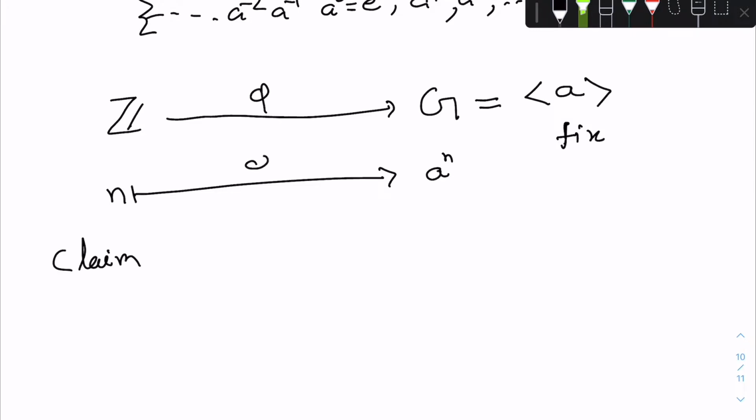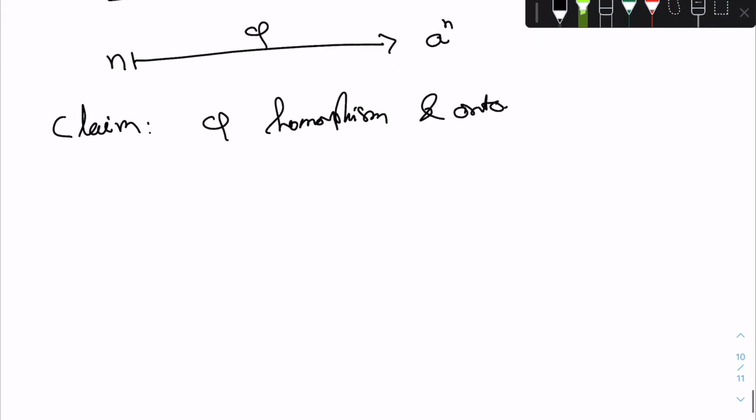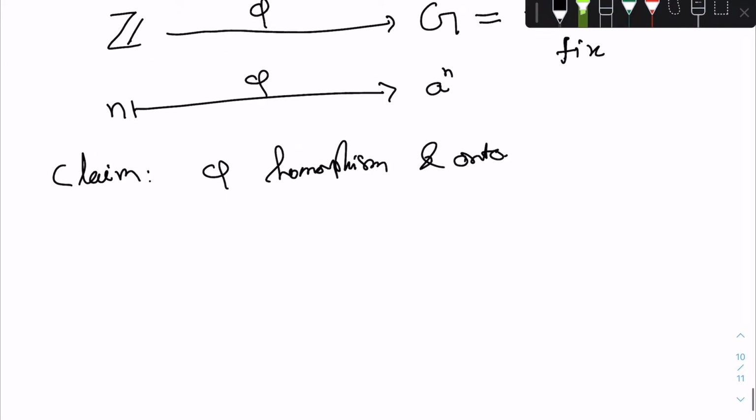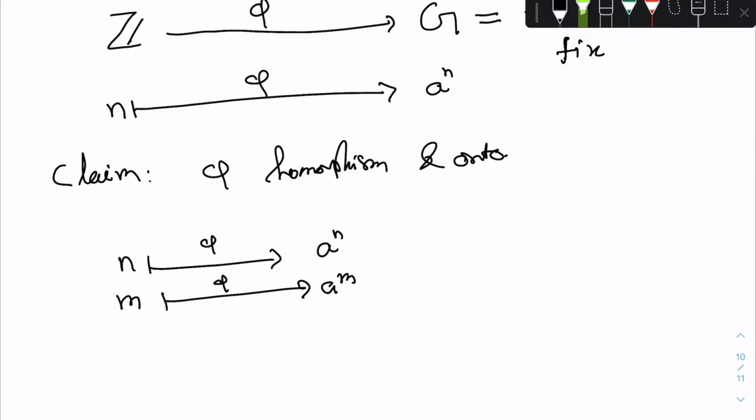So let's say this map phi is a homomorphism and onto homomorphism, right? So how am I going to do that? To show that this is a homomorphism, I should start from n. n maps to a power n, m maps to a power m. So what is phi of n plus m?